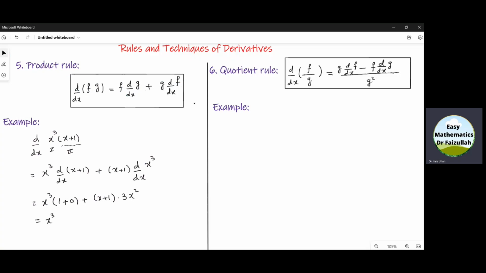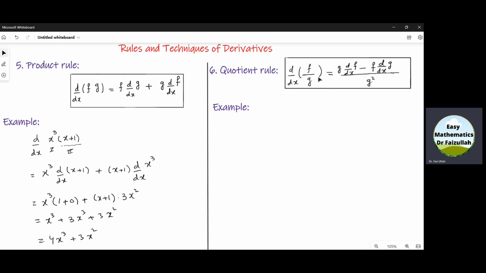So we have x cube plus, from here we have 3x cube plus 3x squared. So the solution is 4x cube plus 3x squared. That's all. That's the solution.